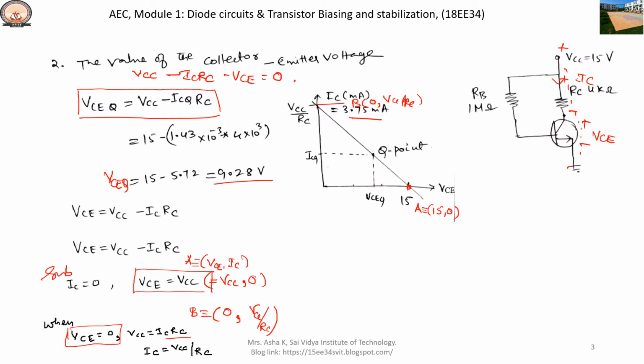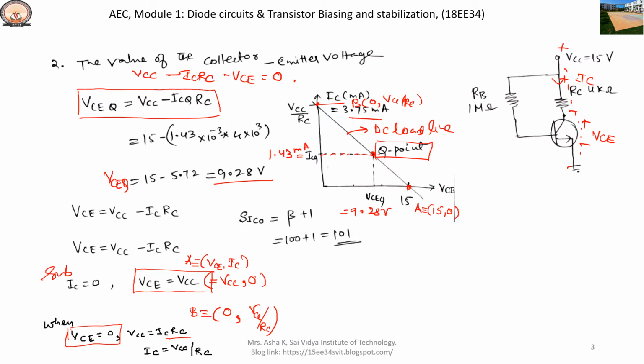Then draw the line joining point from A to B. This line is called as the DC load line. Upon the DC load line, mark the value of ICQ, that is 1.43 milliamperes, and VCEQ, that is equal to 9.28 volts. Then we will get the Q point value on the curve.